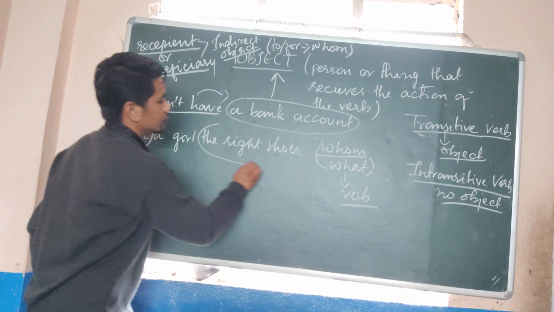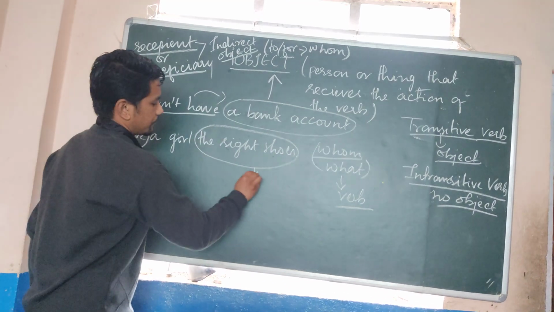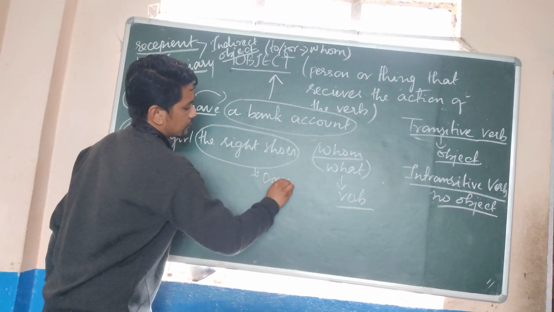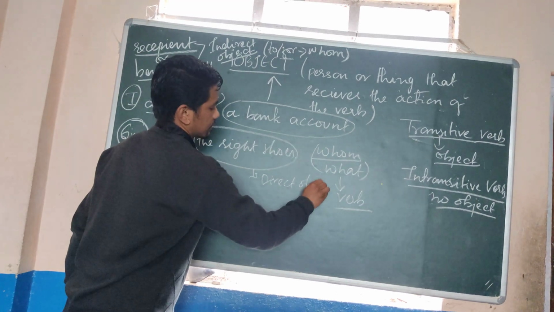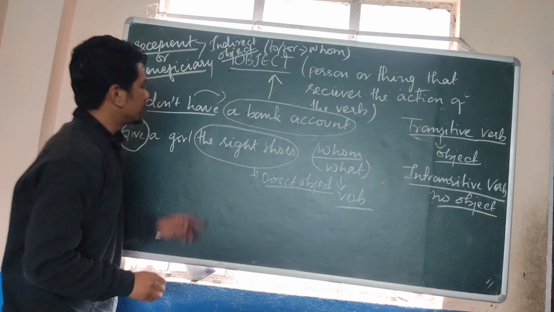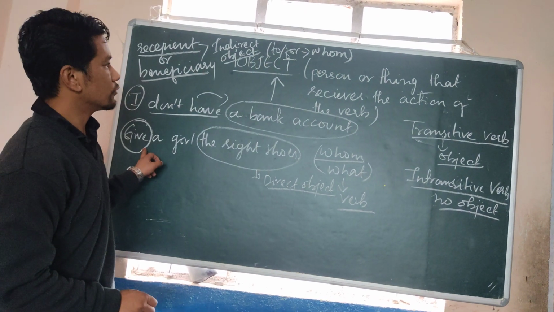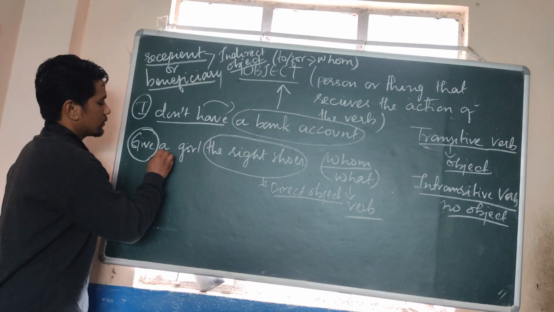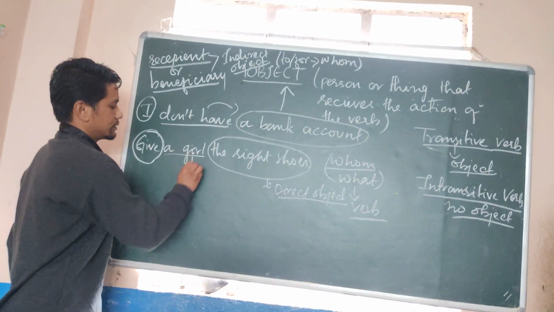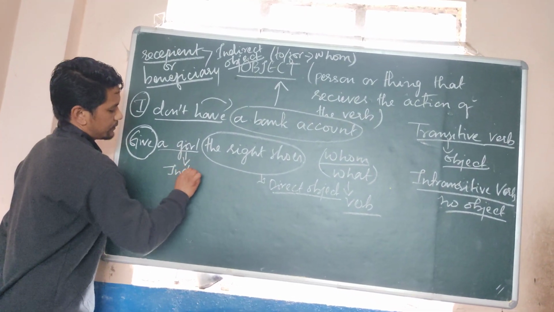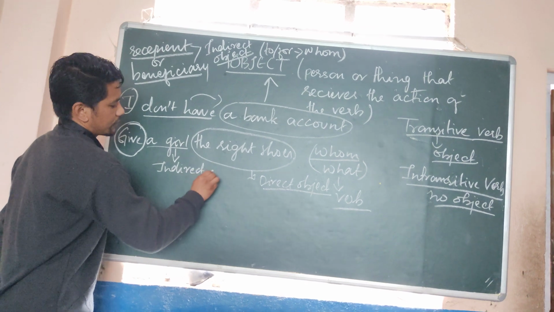So the right shoes is your direct object. And to find the indirect object, you use to or for whom. For whom or to whom? A girl. So this is your indirect object.